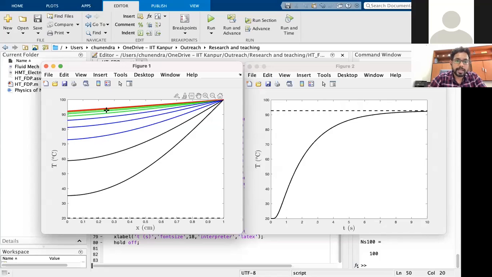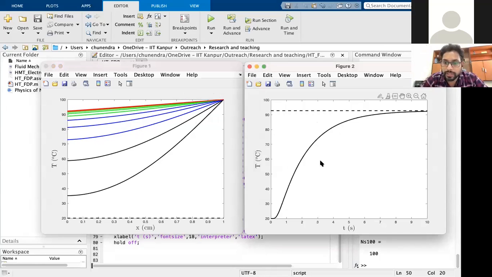The last one, the red one, presents the results for t equal to 10 seconds. You can see how the curve has become a straight line. It's not a curve anymore, and that is not changing. These green lines are very close to the red line, right? The reason is that the change in temperature is not much now. It has become almost asymptotic.